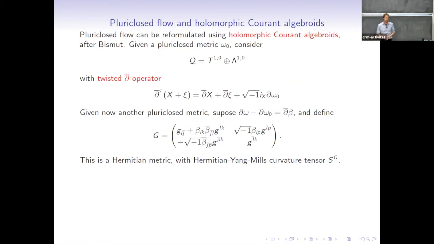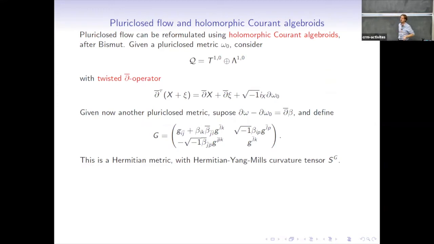This is very similar to the generalized metric from the beginning of the talk, but now in the holomorphic category. Although here I've written it genuinely as a metric as opposed to an endomorphism, but up to an index shift using the neutral inner product, it's basically the same. So this is a Hermitian metric on this holomorphic vector bundle, and it has a Chern connection.